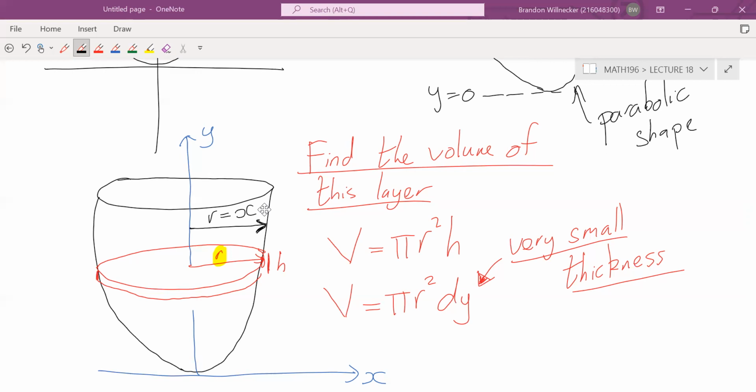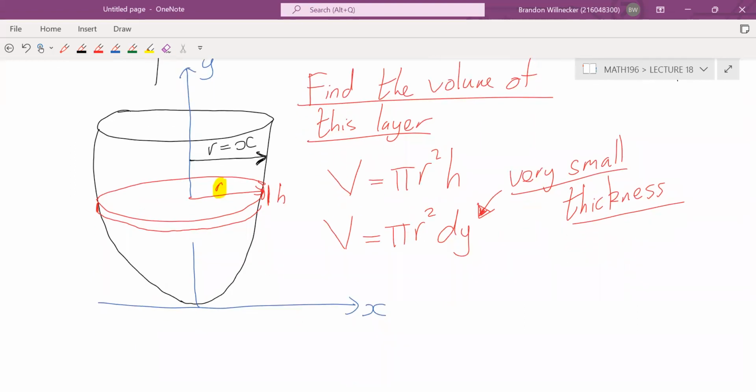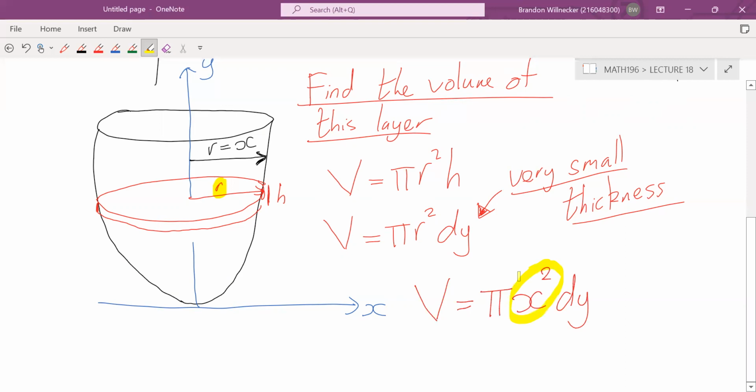Okay. So we've got here that the volume is going to be pi x squared dy, because the radius is x. But this is a problem because we've got x squared and we've got dy. These are two different variables.